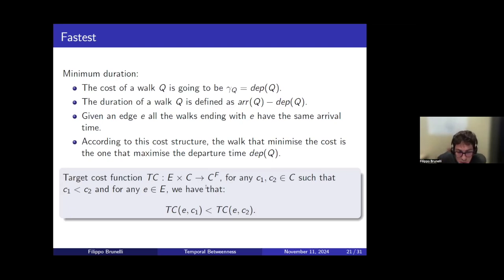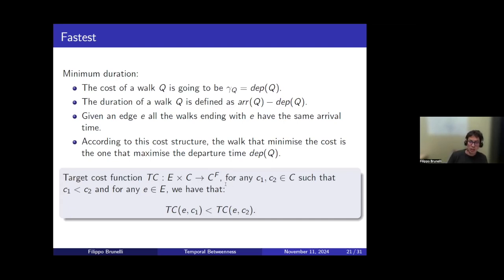So it has to preserve the order: if we have C1 less than C2, then when we apply this target cost function, the order is preserved. For example, in this case of duration, this target cost function would simply use the arrival time of the edge and the cost, which is the departure time, and return arrival time minus departure time, which is the duration of the walk.